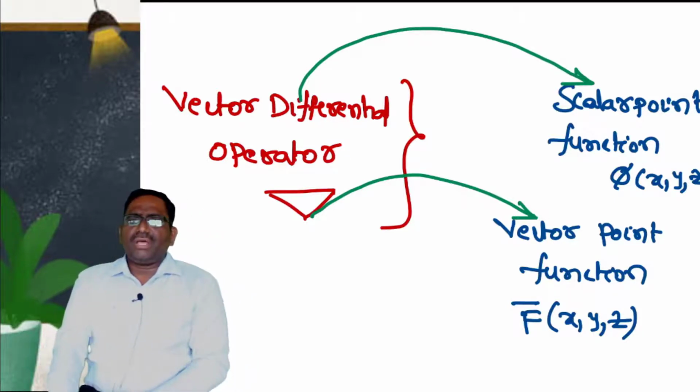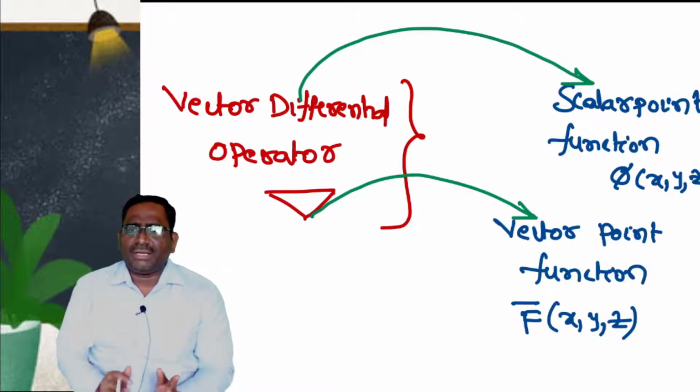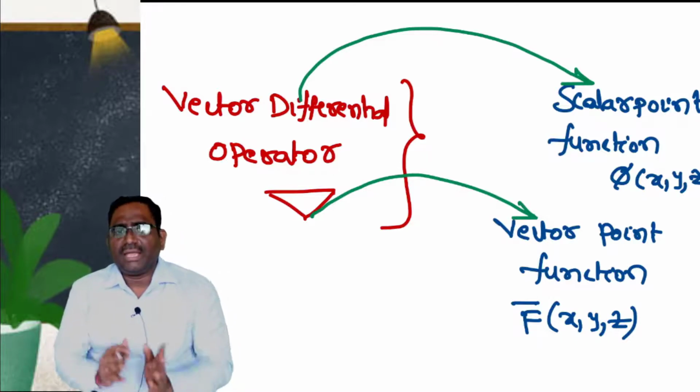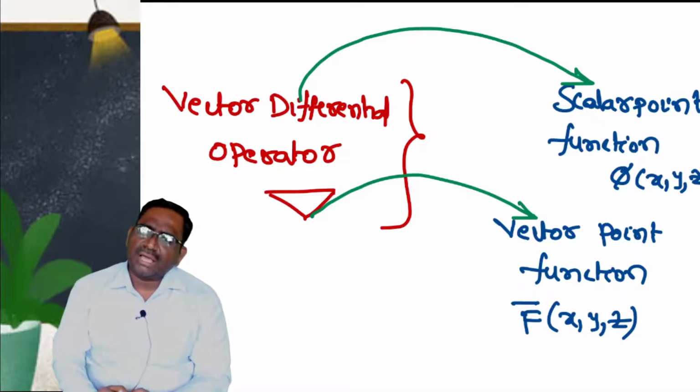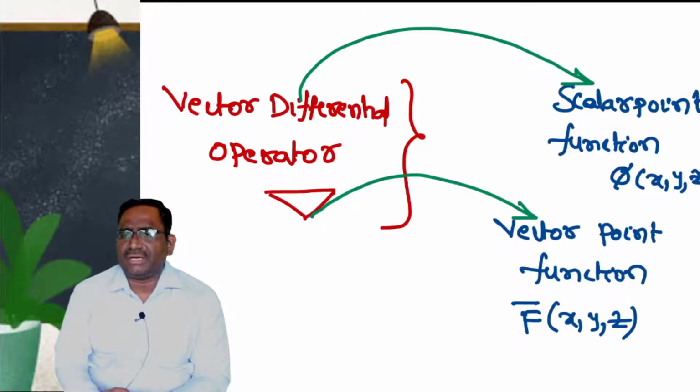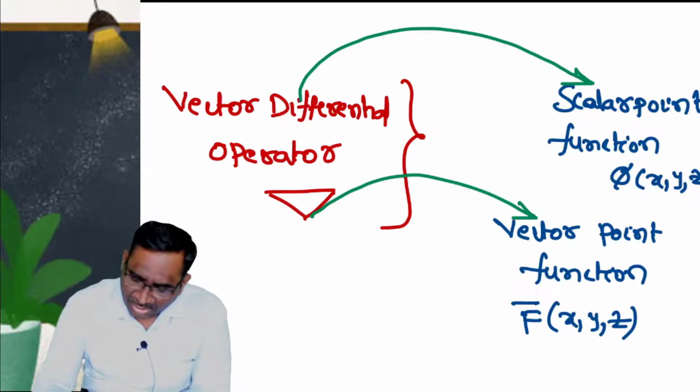Because we are always applying an operator on a function. So, in vector calculus, we are having two types of functions, a scalar point function and a vector point function. Right.